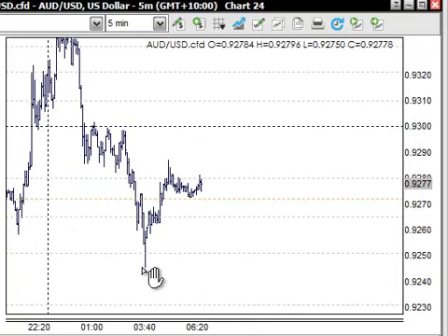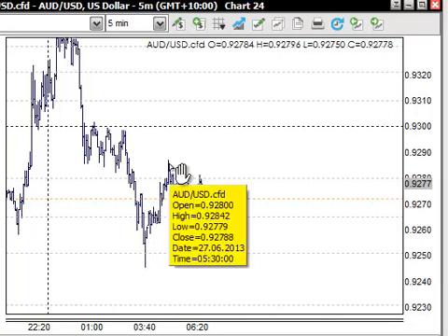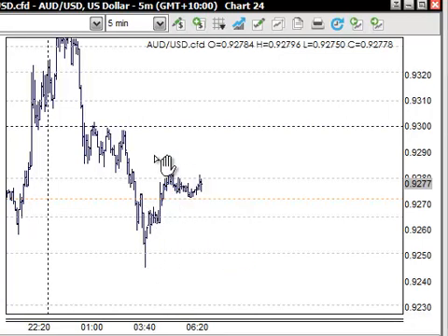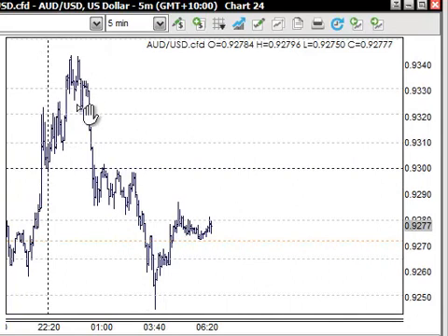So that would be, well, that's not quite true. This, as it stands at the moment, can be counted in 3 waves up. So that could be it there, but this correction is a little bit small in relationship to this 5-wave structure to the downside here.